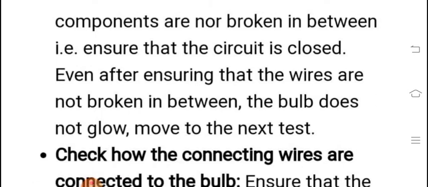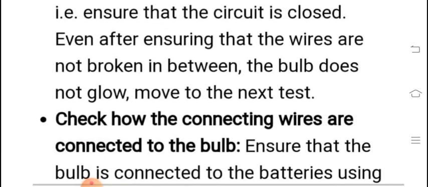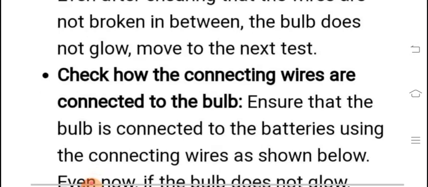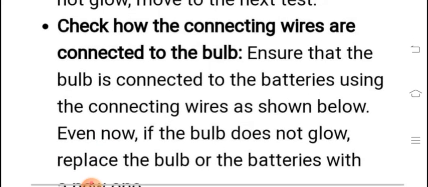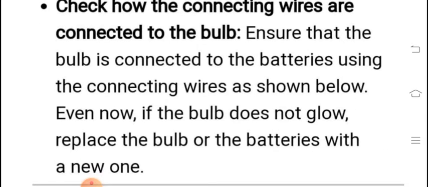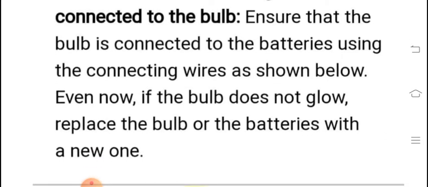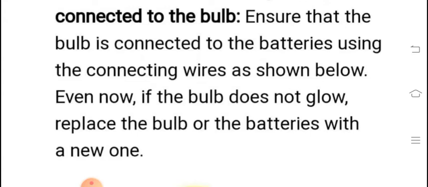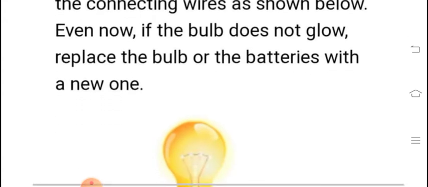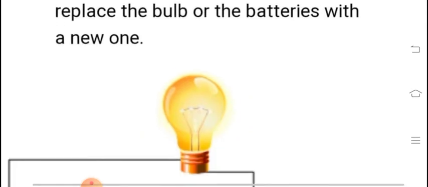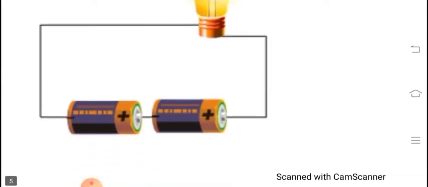Even after ensuring that the wires are not broken in between, if the bulb does not glow, then the next step is to check how the connecting wires are connected to the bulb. Ensure that the bulb is connected to the batteries using the connecting wires as shown below. If the bulb does not glow, replace the bulb or the batteries with new ones. Some problem may be there with the battery as well as the bulb, so we can replace them all.